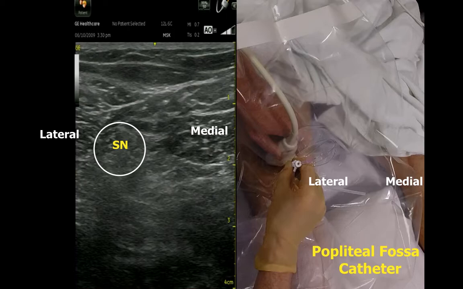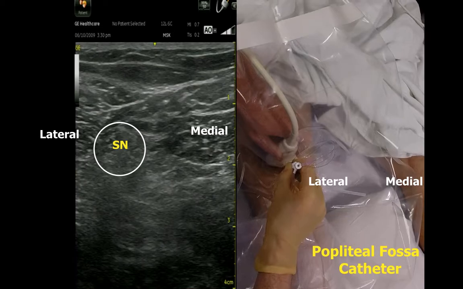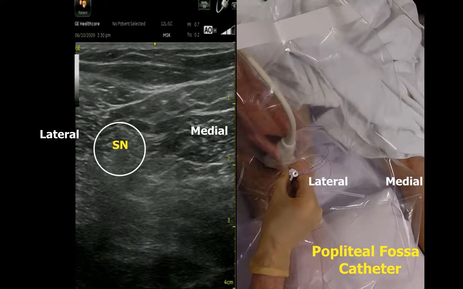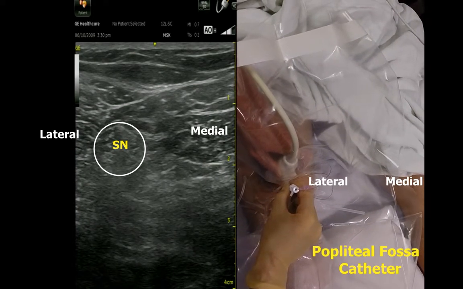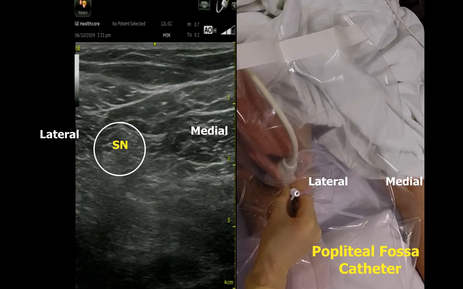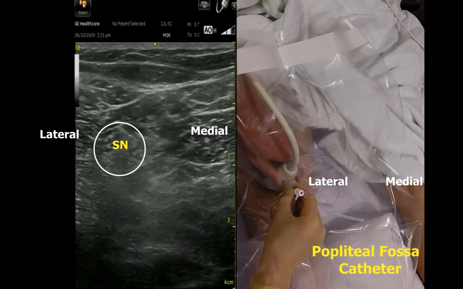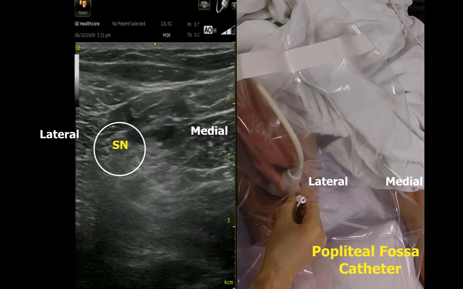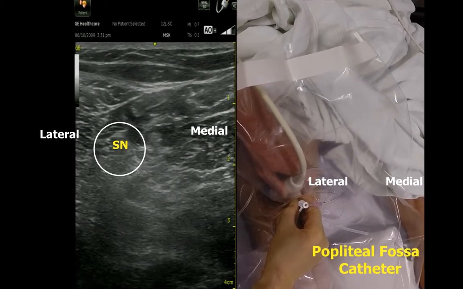The thin-walled needle is advanced out of plane and medial to the sciatic nerve. As the needle is advanced, a number of connective tissue planes are visualized. Using hydrodissection, the needle tip is advanced through each subsequent plane until hydrodissection demonstrates a successful spread of local anesthetic around the nerve.